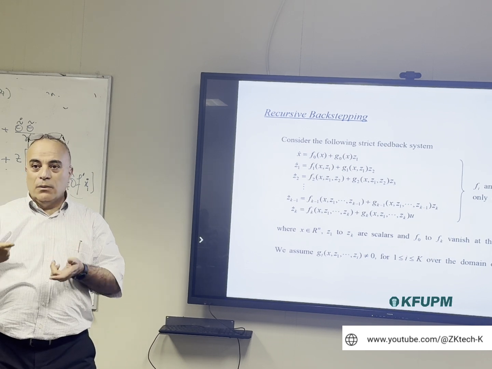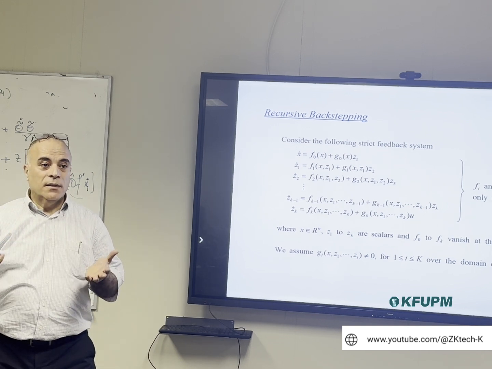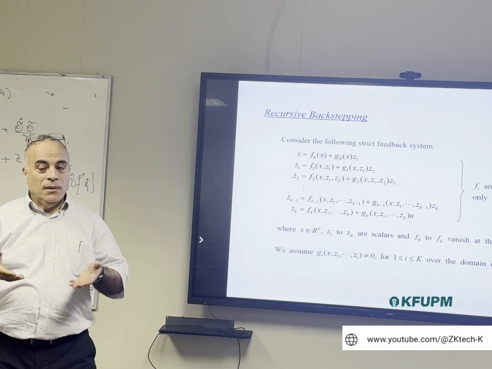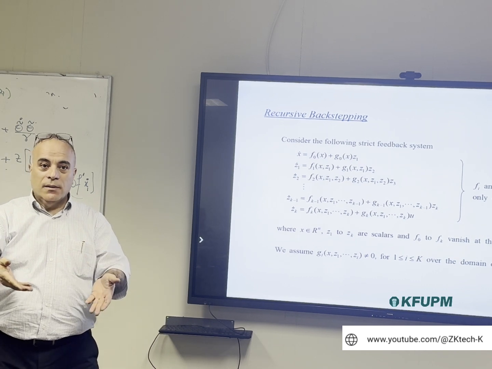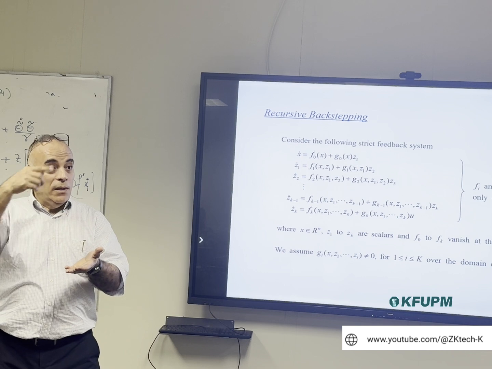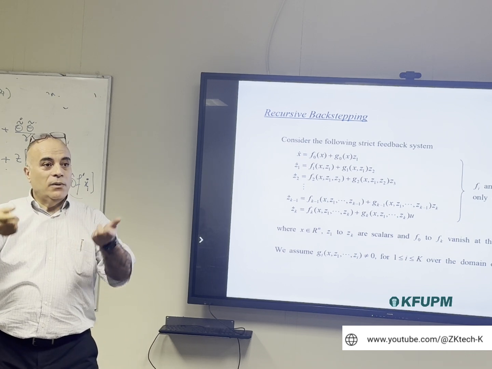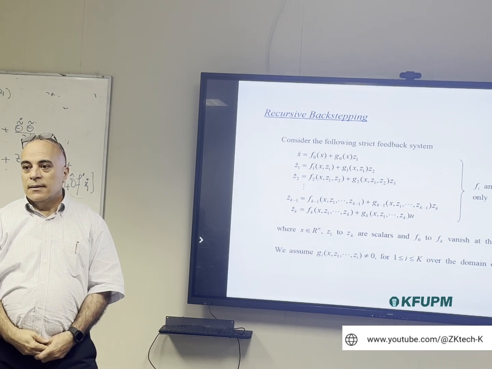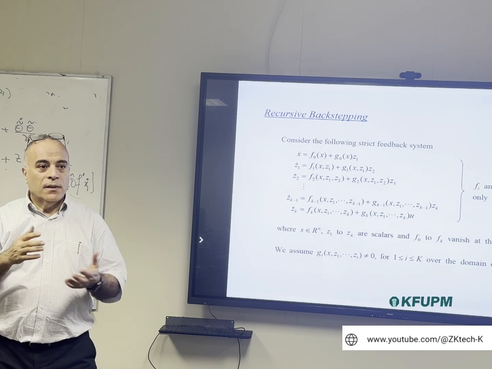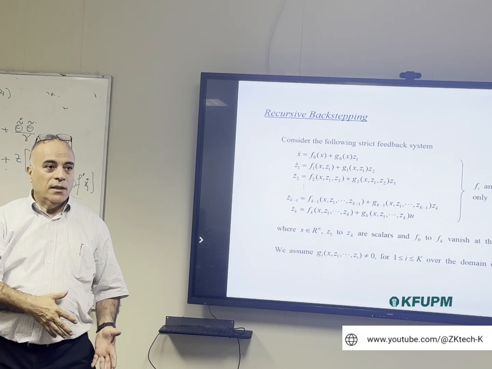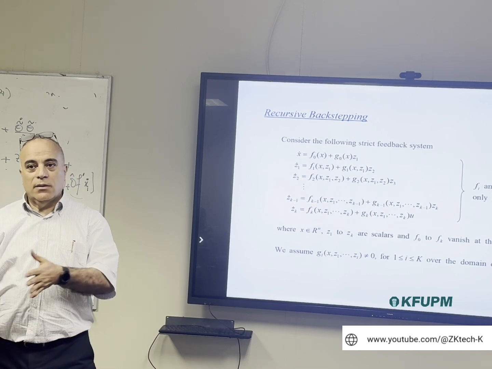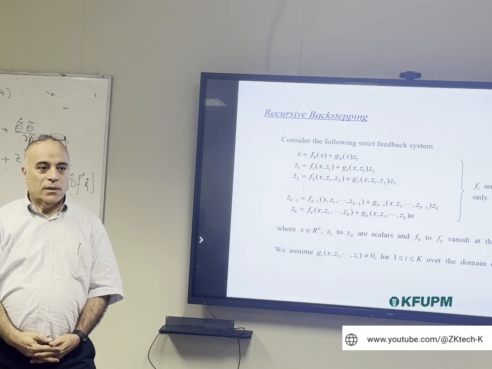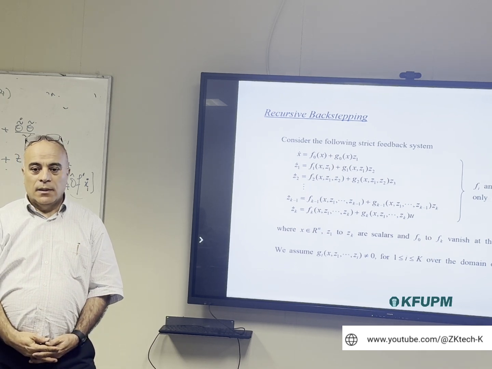We find the controller as a function of the unknown parameters, then we replace them by the estimates, we plug them back in the equation, we find that theta tilde will appear there, and then we declare the Lyapunov function or sliding mode controller based on this theta tilde. Sliding mode is a little bit different because we have the reachability condition that we have to satisfy, in addition to the uncertainty of the parameter that we also have to keep track of.